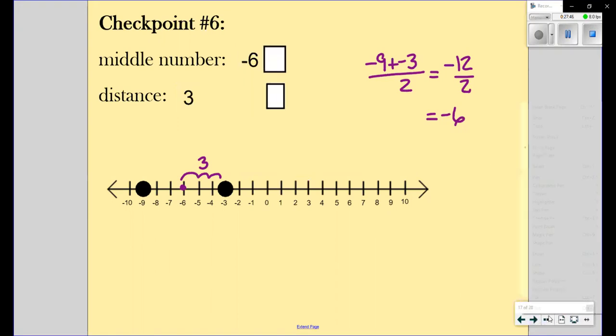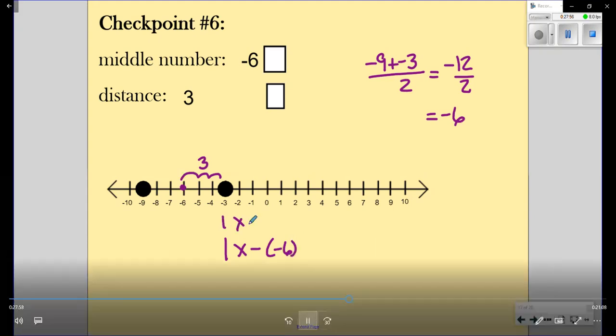And then we write our equation. So I'll put x, and our middle number is negative 6. Remember, I'm using that formula. I'll just write it out. And our distance is 3, and that can be written as |x plus 6| equals 3.